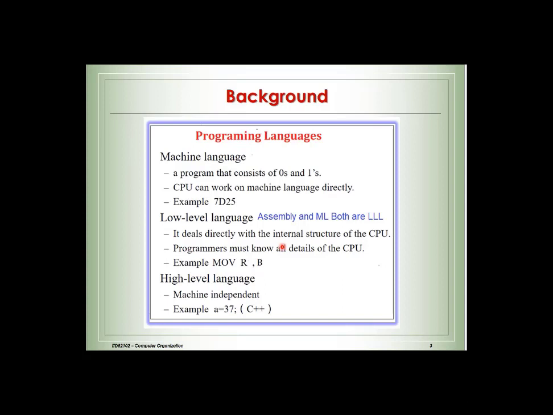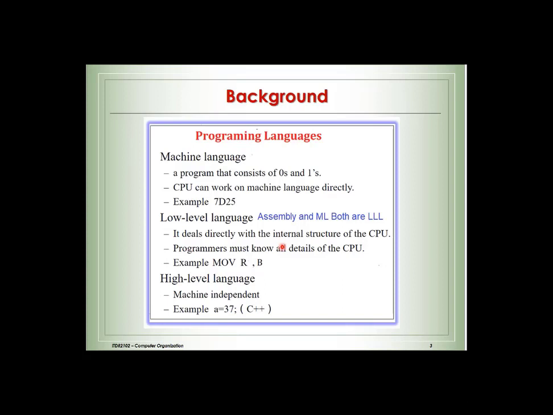For example, the Intel 8085 is an 8-bit microprocessor, and the 6800 Motorola is different from it.